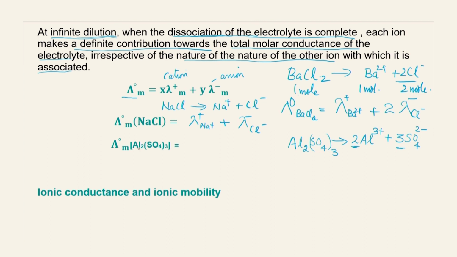So, in this case lambda 0 m for Al2(SO4)3 will be equal to, you are having 2 moles of aluminum, so 2 into lambda plus of Al3 plus, plus 3 sulphate ions, so 3 into lambda minus of sulphate ions. Hope you got it. So, this is how you have to write down for an electrolyte according to Kohlrausch's law.